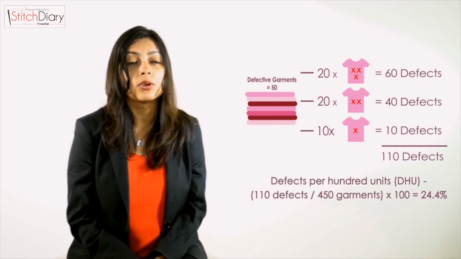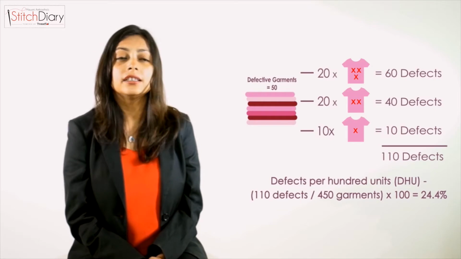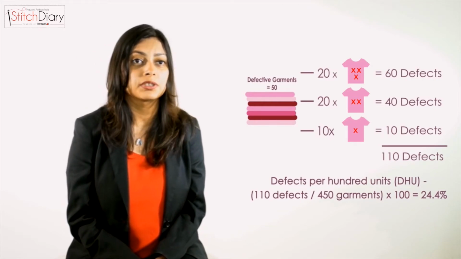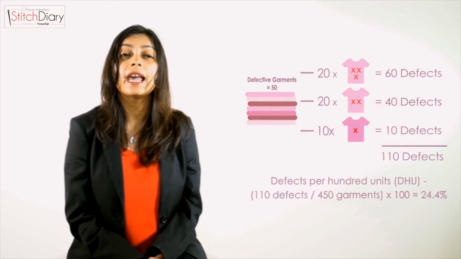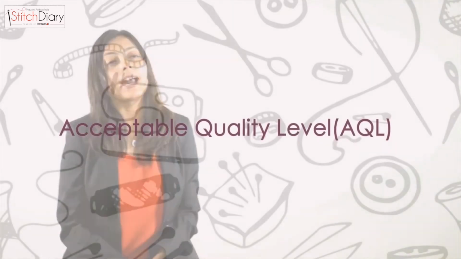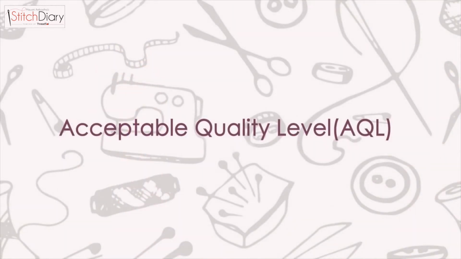So DHU or defects per 100 units in this case is 24.4%. DHU also helps us in finding out exact quality bottlenecks or particular defects which are causing quality issues in a production process.